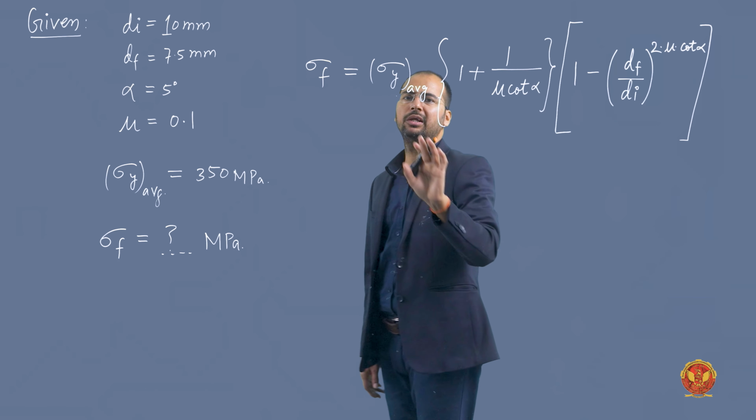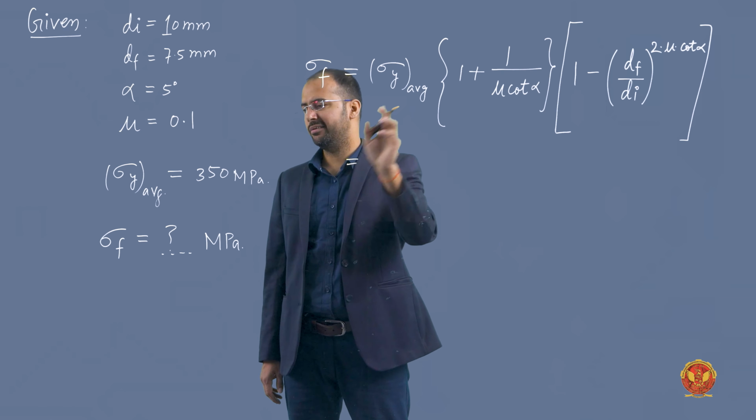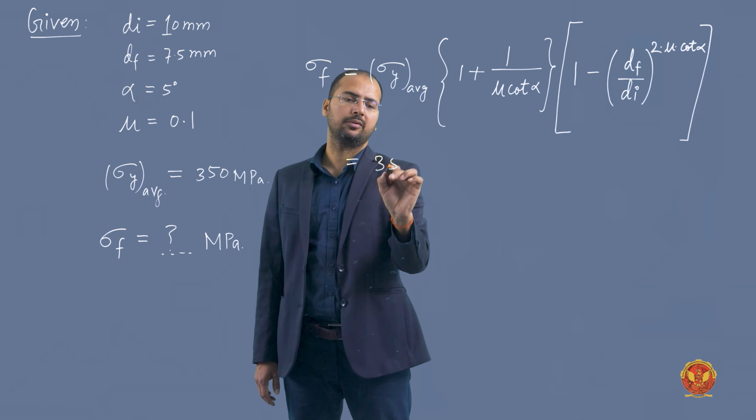So we have to put the value of each and every quantity. Sigma y average is given as 350 megapascal.